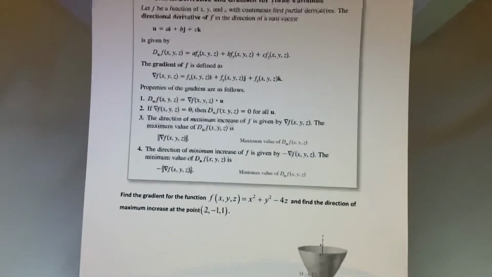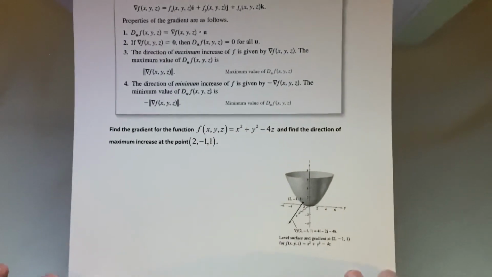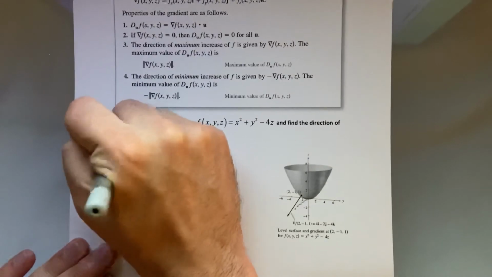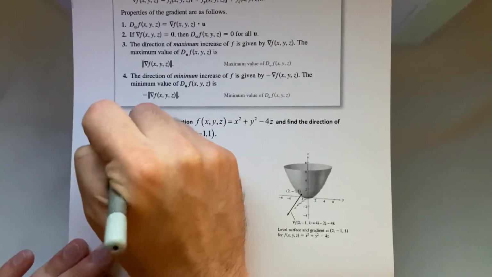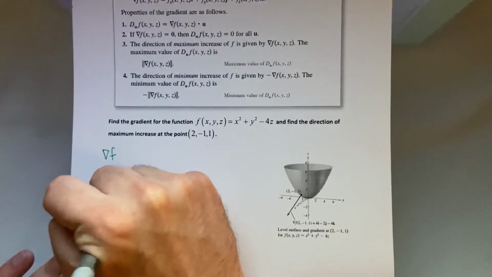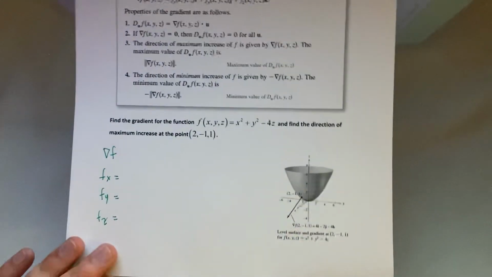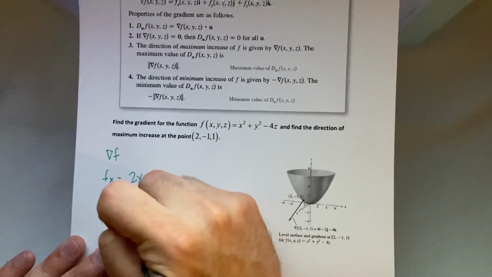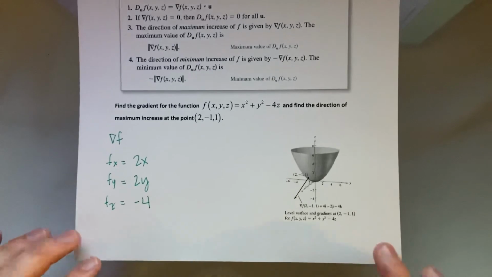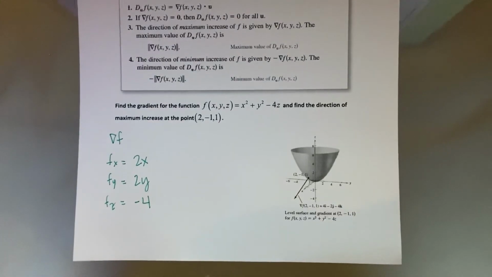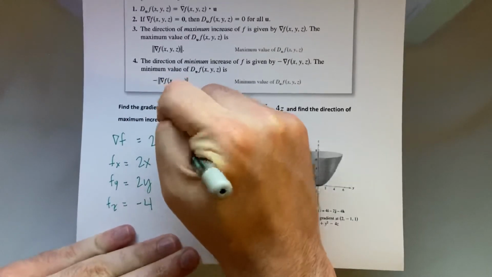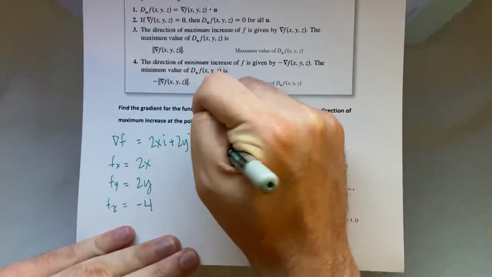Okay, so find the gradient of the function f of x, y, z equals x squared plus y squared minus 4z, and find the direction of maximum increase at the point 2, negative 1, 1. So gradient, I need 3 partials. My x partial is 2x, my y partial is 2y, my z partial looks like it's negative 4, which means my gradient is simply 2x i plus 2y j minus 4k.